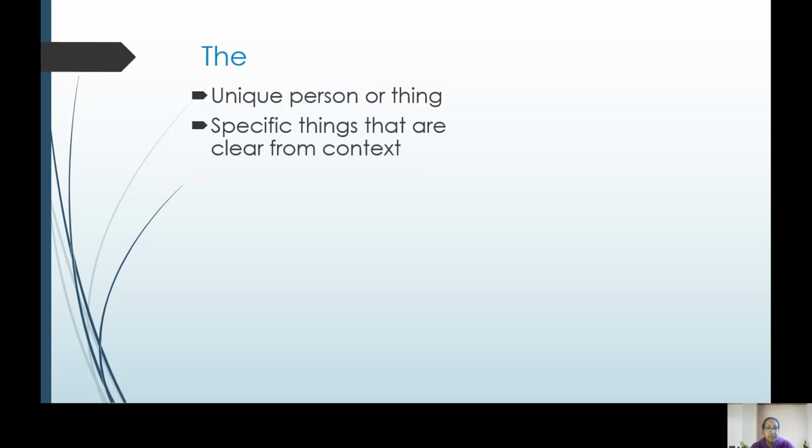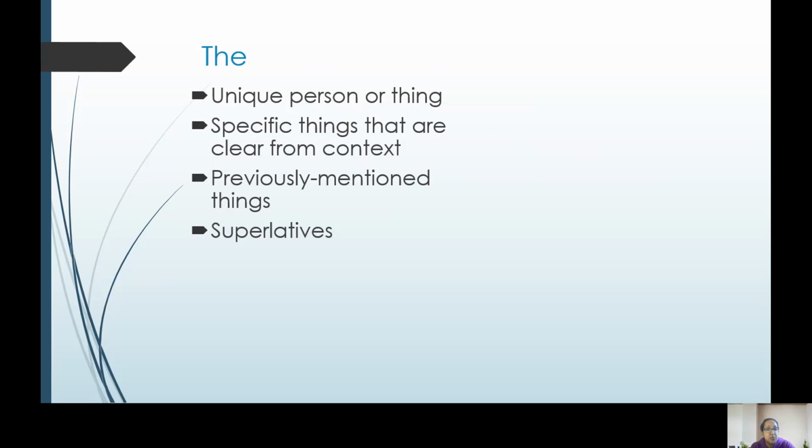For example, if I tell my children "the books", it's clear from the context which books I am referring to, the ones that are out. We use it to talk about things we have already mentioned. For example, this is a pen. The pen is black.